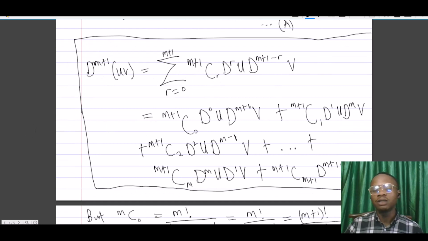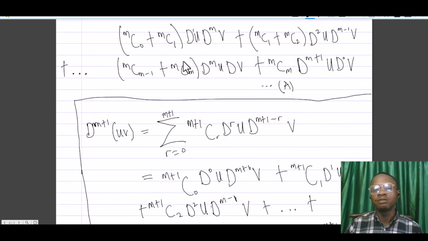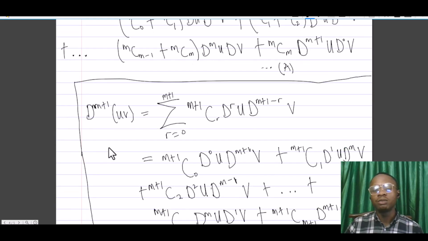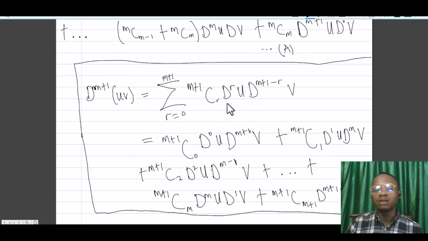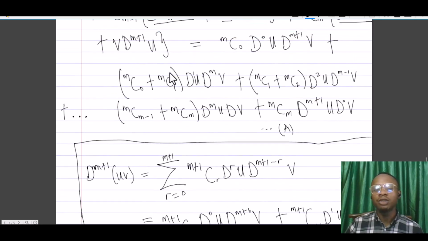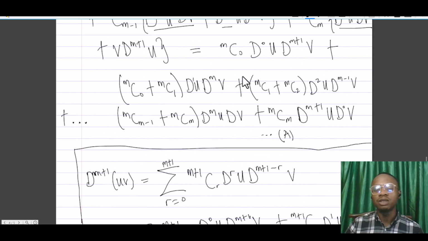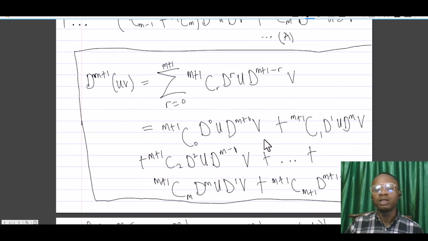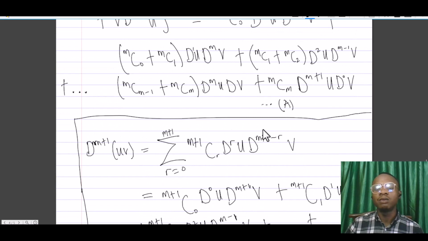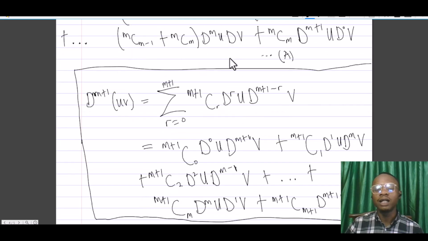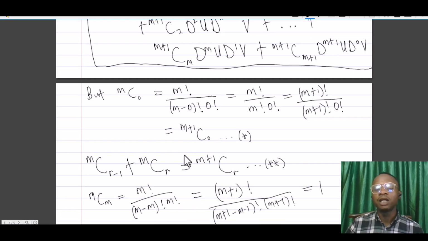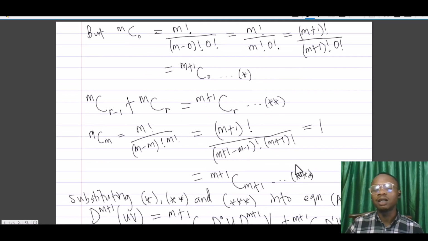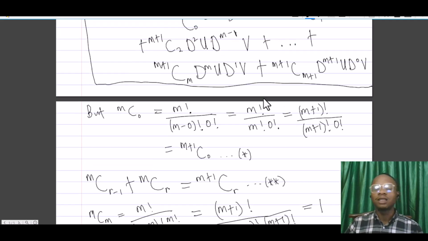So it is put in a rectangle just to show you that it is not part of the main flow of the problem. You can see this as some rough work. Why we wrote it out again is so that we will see what exactly we are trying to establish, so that we know how to proceed from here. And so with this, we're able to tell what the coefficients should look like, and then how we could arrive at them and verify them, which we did by equations star star star. So that is that about that.